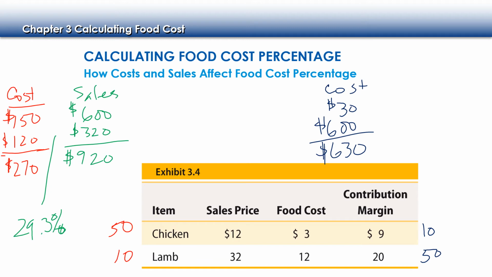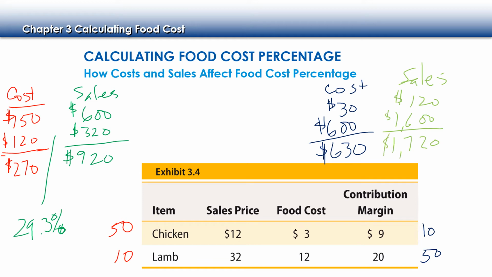Now, from the sales side of things, let's do our sales. 10 times 12 is $120, and 50 times 32 is $1,600. So that gives us a total of $1,720 in our sales.